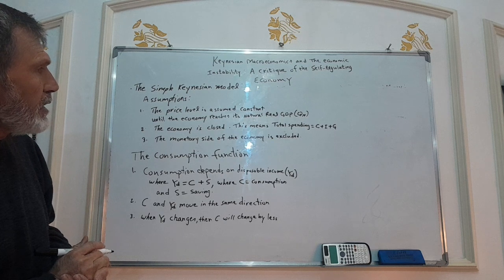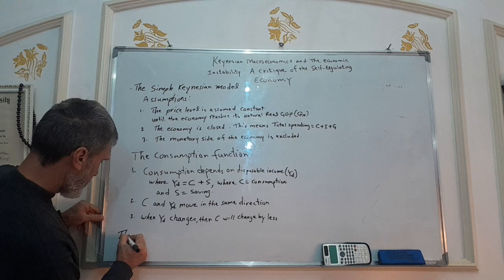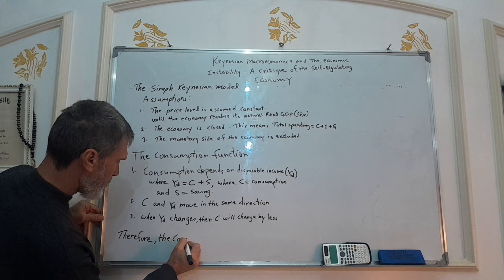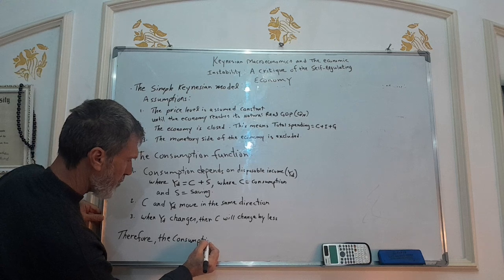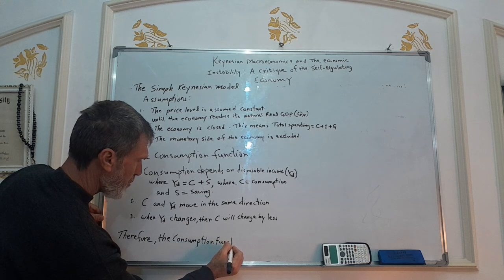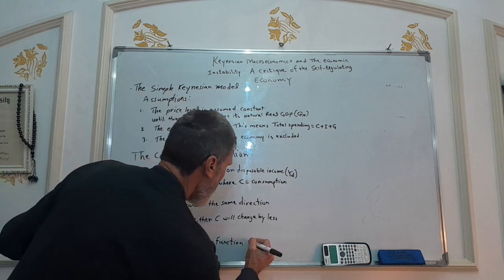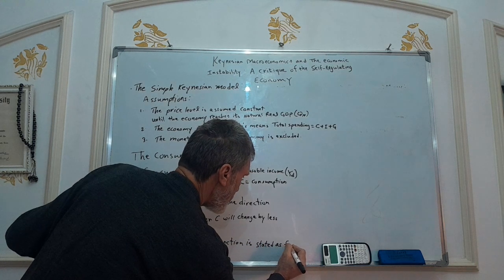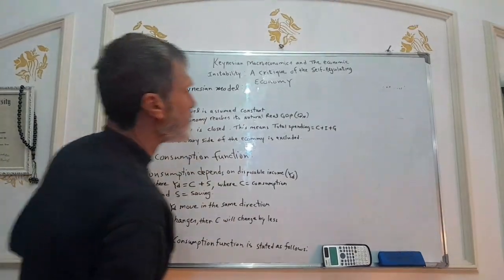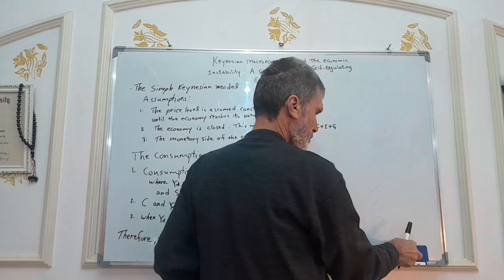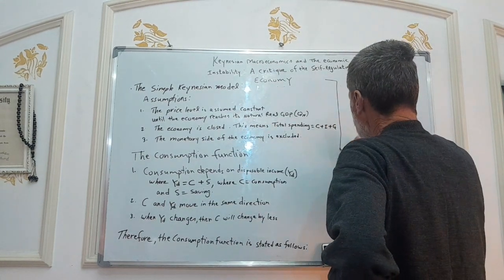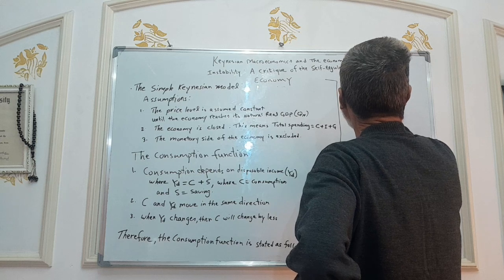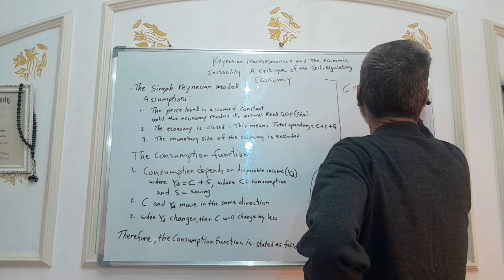The consumption function is stated as follows: C is equal to C0 plus MPC times YD.